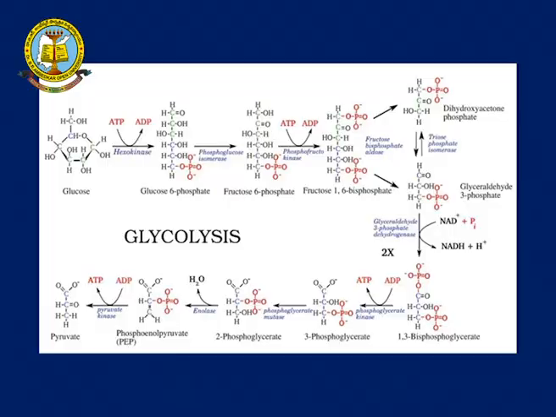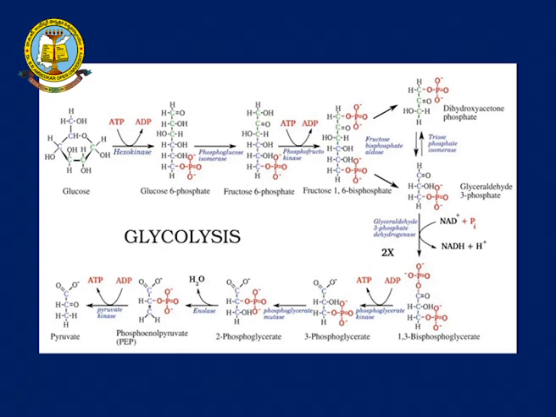Okay. Now, next is the glycolysis pathway. The first molecule enters our cytosol region. This is the glucose molecule, a 6 carbon molecule. In the presence of ATP, which is converted to ADP by the hexokinase enzyme, it is converted to a glucose 6 phosphate molecule.